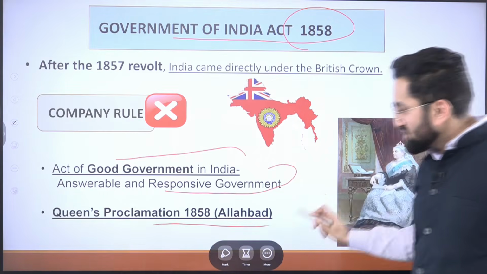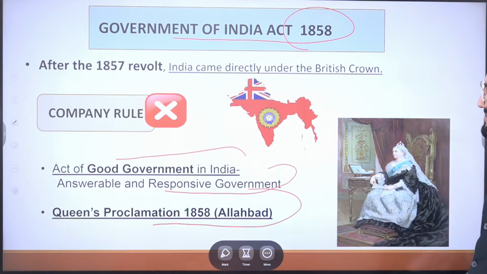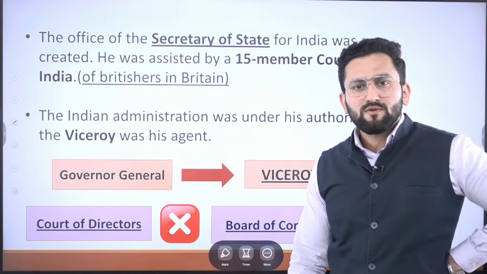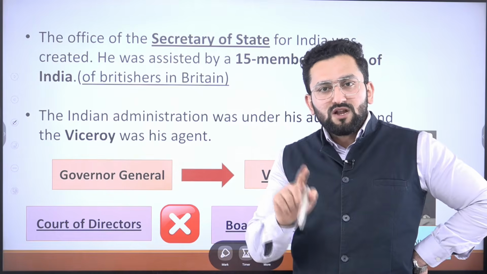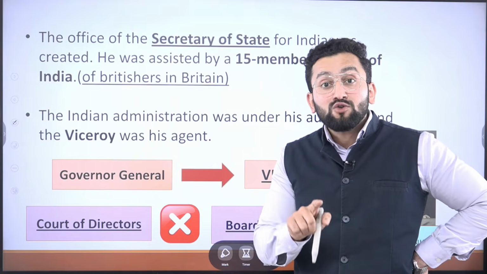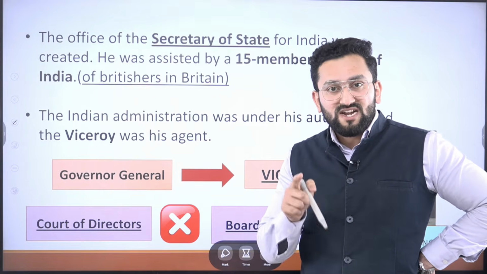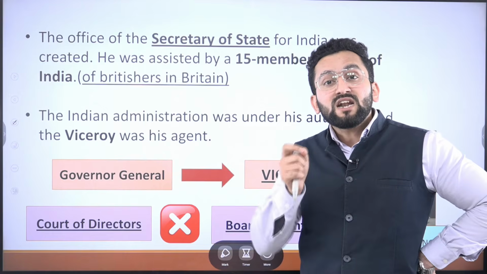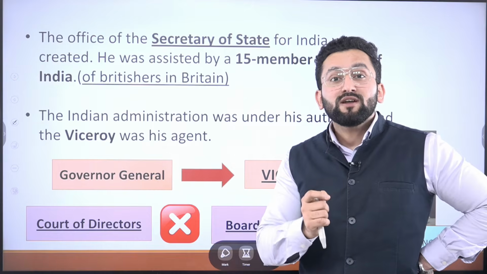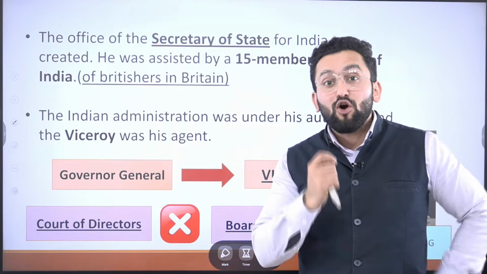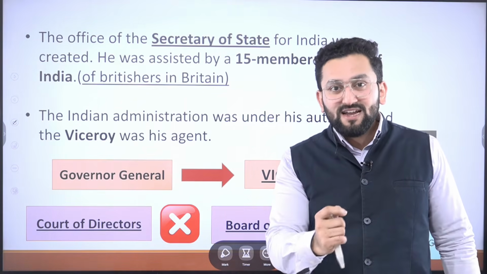So the Queen's Proclamation of 1858 started. Now, earlier, you know, there was this position of Governor General of India. Since there was now a start of Crown rule from 1858, another word was adopted, that is Viceroy. Viceroy means representative of the Crown.